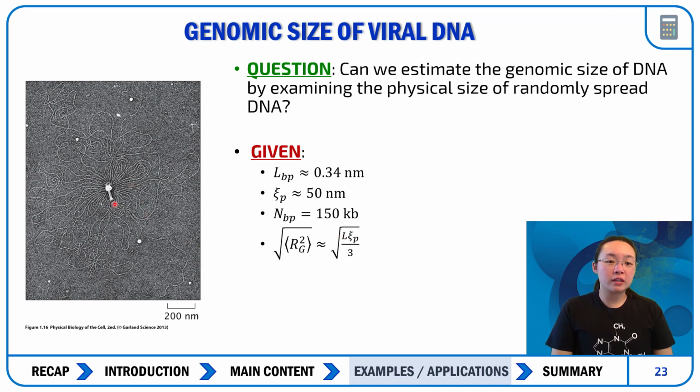If you wanted to look at this picture and measure a whole bunch of different R values, then you'll be able to figure out the number of base pairs as well. For us, it would be super tedious to start measuring all this. It just looks like spaghetti. So we're going to do the opposite. We're going to start off with the known number of base pairs and then calculate the physical size of this.